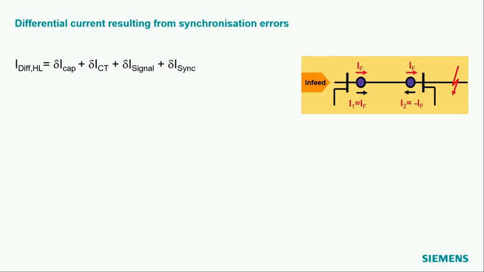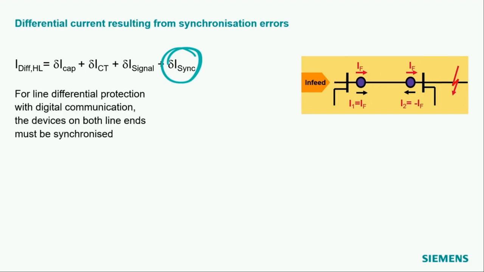Now let's have a look at the synchronization errors. Where do they come from? As I already said, we have to exchange information from both sides, and I can show you one example where I simulate a fault.